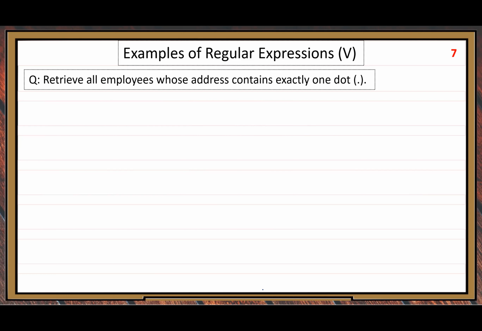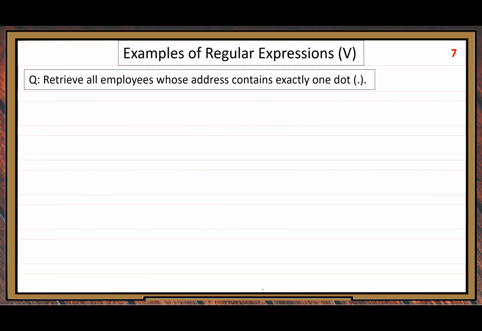Okay, yeah. But that address string contains exactly 1 dot, not more than 1 dot. If 2 dots, then we do not want to select. We only want to select addresses that contain exactly 1 dot. Not easy, right? You really need to find some smart way to describe it.